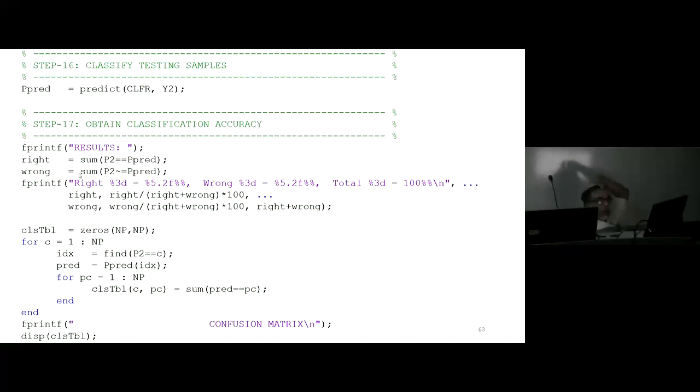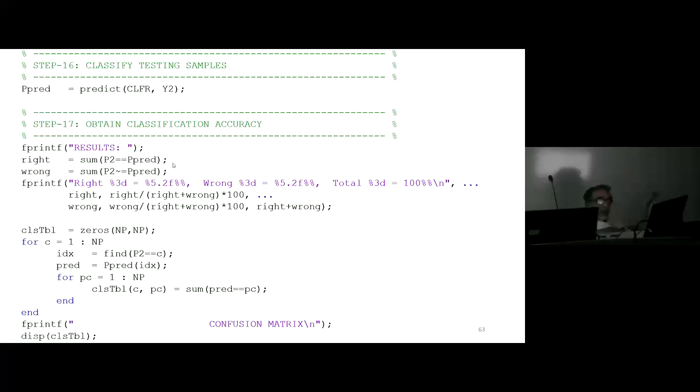Okay, and then what I do is I compare the predicted, what does this classifier do? These are the labels that it would assign based on the k-nearest neighbor algorithm to the test samples, and then I count the number of times they're equal.